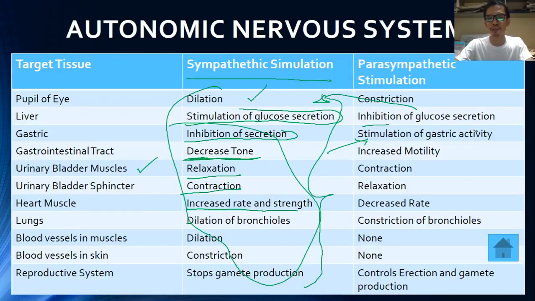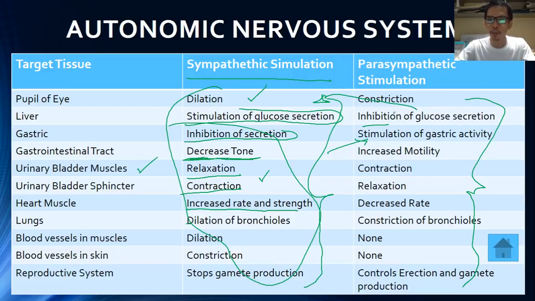It is harmful sometimes if all the things that happen in the sympathetic division happen too much. So it must be maintained, it must go back to its normal state by the parasympathetic division.